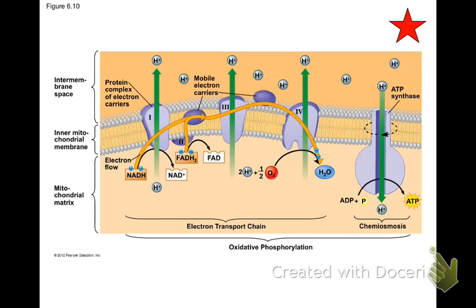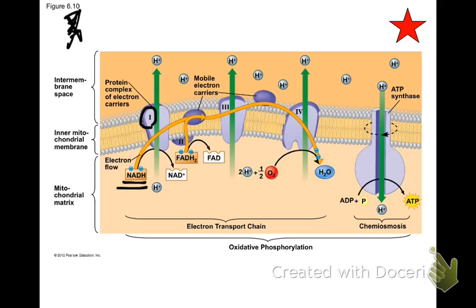Now, there is something to be noted. NADH starts to donate its electrons, whatever it had, to the first electron carrier. So, because of that, it is responsible for a certain number of protons going out.